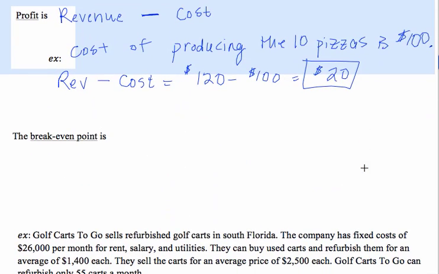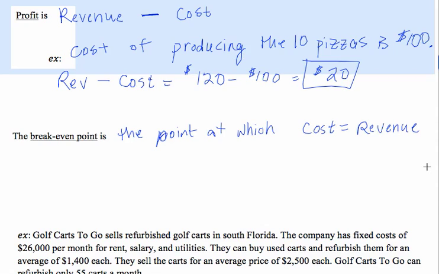Break-even point: it's how many of your items you need to produce and sell in order to at least cover your basic costs so that you don't lose money. It's basically when your profit is zero. It's the point at which the cost equals the revenue, so you're spending the same amount of money that you're bringing in.